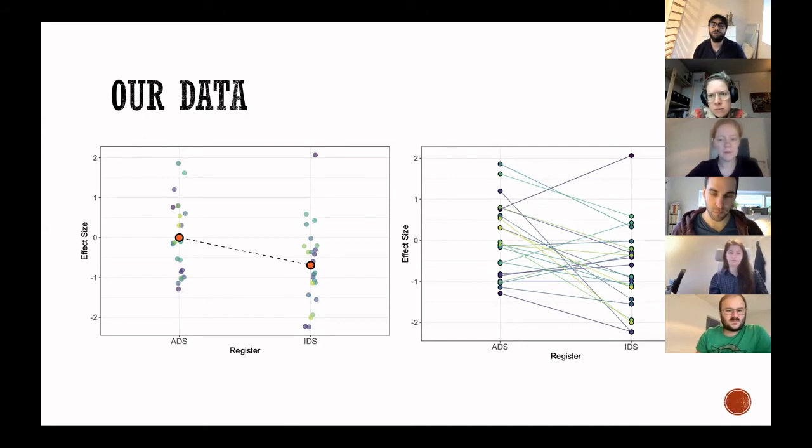On the right panel, what you see is instead the participant by participant data, where you can see that the average effect across all the participants is roughly describing many of the participants, but not all, right?